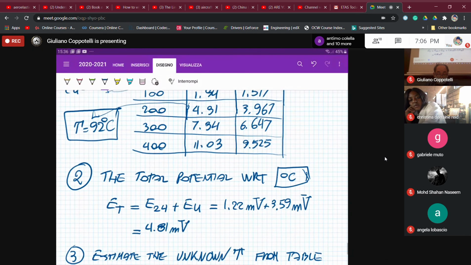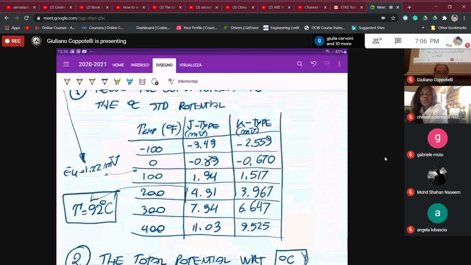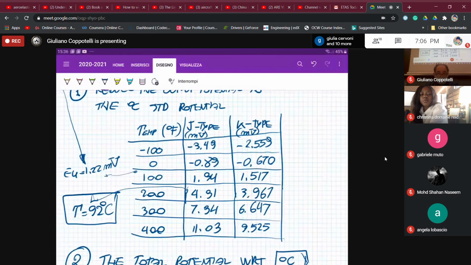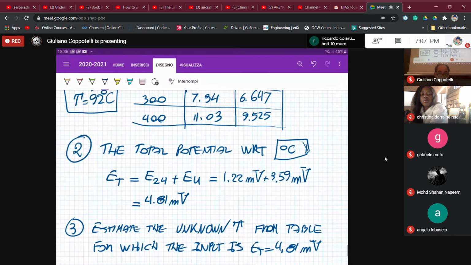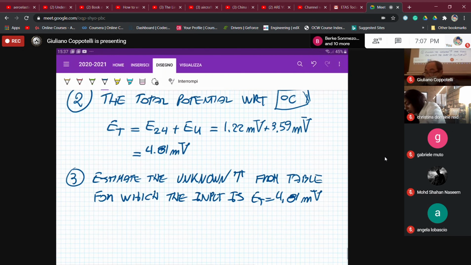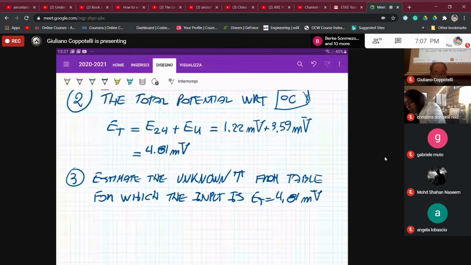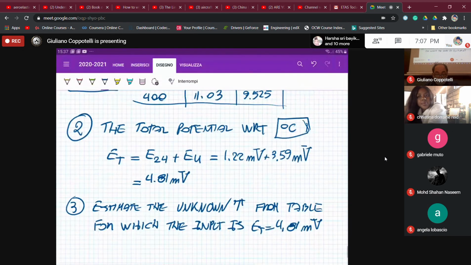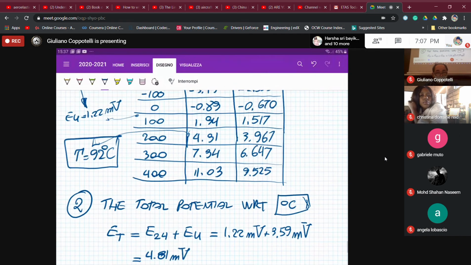So I go back to the table, but now my input is the output tension, 4.81 millivolts. So I have to enter the right column, the J-type column, check what output tension is equal to 4.81 and see the corresponding temperature. In our analysis, the corresponding temperature will be 92 degrees, as I wrote there.